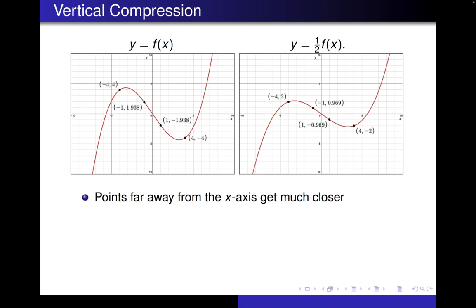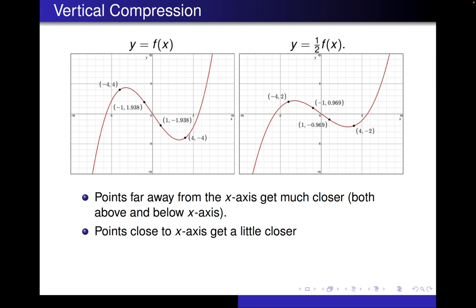Notice this time points far away from the x-axis get much closer, right? So the negative 4, 4 and the 4, negative 4 get closer by 2. And again, that's both above and below the x-axis. And the points close to the x-axis get a little closer. The 1.938 became 0.969, and the negative 1.938 became negative 0.969.